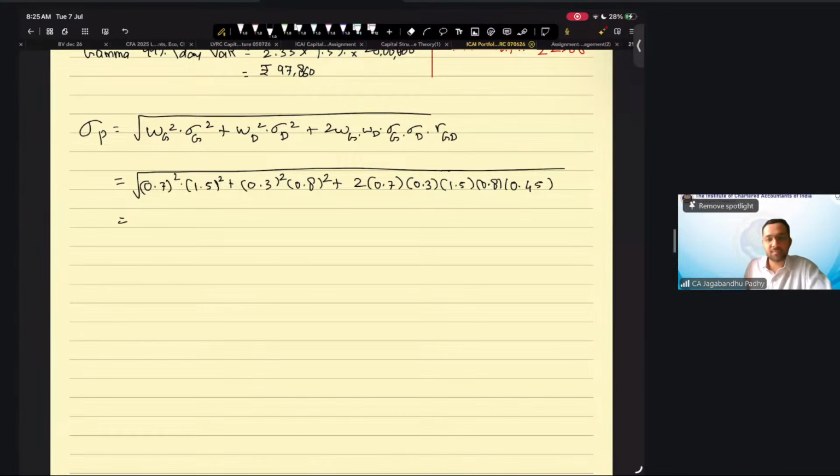So if we solve this, what is the portfolio standard deviation? Portfolio standard deviation in percentage terms.